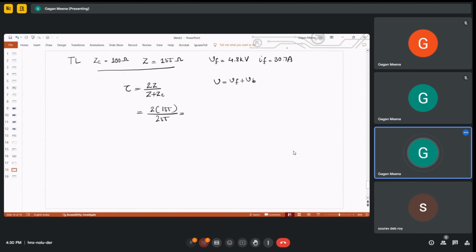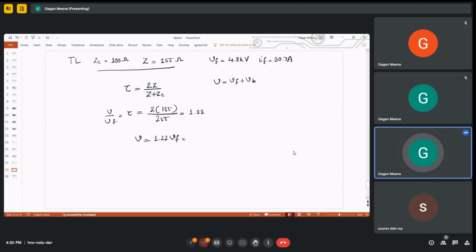So tau comes out to be 1.22, right? We know that tau is equal to V by Vf, and we want to know V, so V will be 1.22 times Vf, multiplied by 4.8.